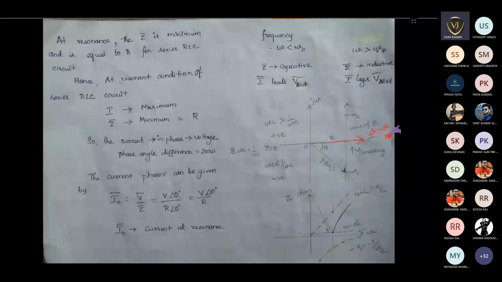The frequency at that resonant condition is called omega resonant. Initially you are starting from minus infinity. Here it is mentioned as minus infinity, but do we need to go for it? We'll start with 0. It's better we start with 0.